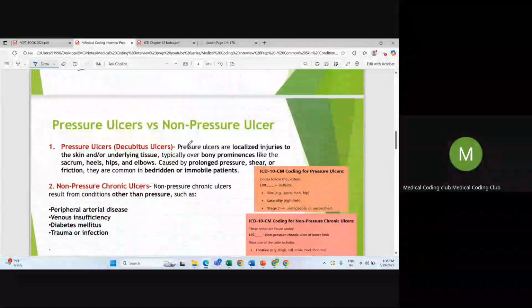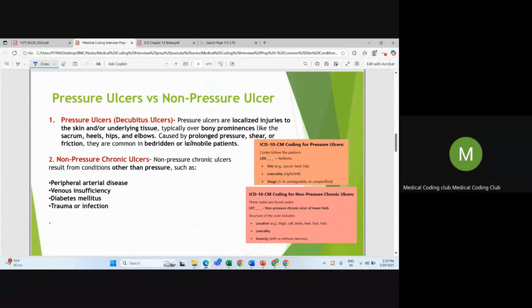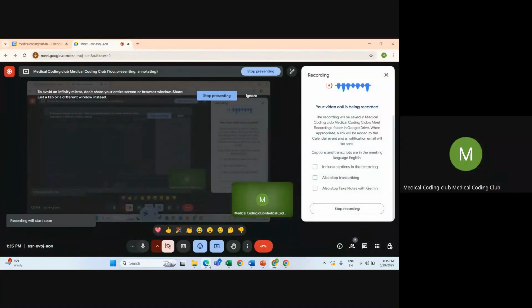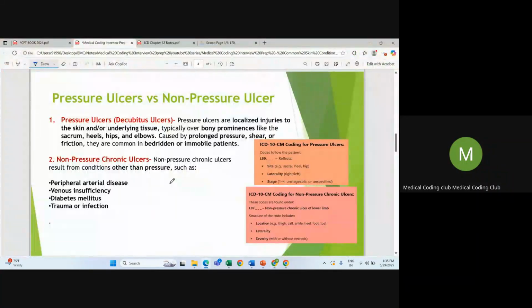So next we have pressure ulcer versus non-pressure ulcer. What is pressure ulcer? Pressure ulcer is also called decubitus ulcer.